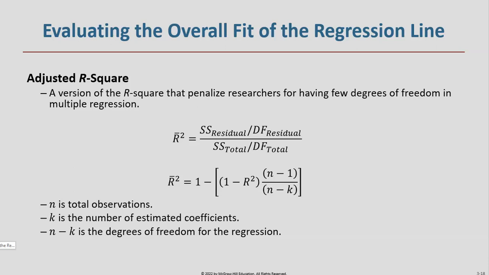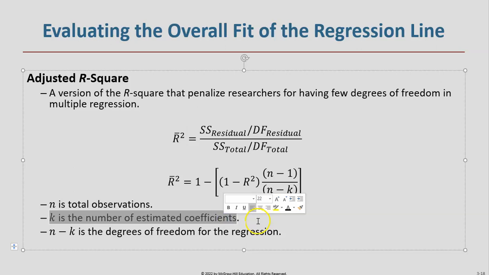The adjusted R-squared is going to be a statistic that's lower than the R-squared because there's a penalty for the number of independent variables that you use, and the symbol that we'll be using is K. So K is the number of estimated coefficients.